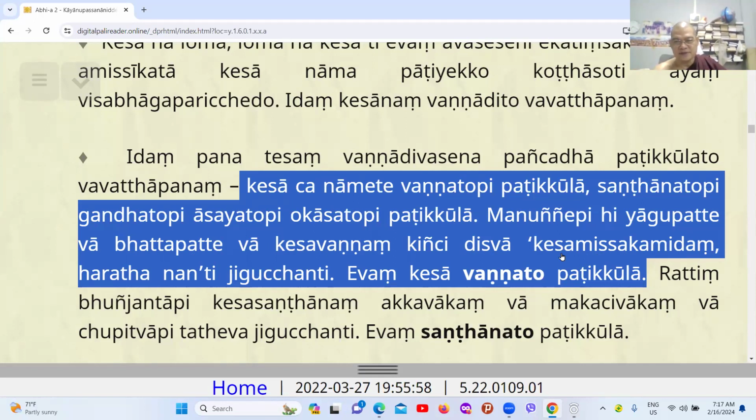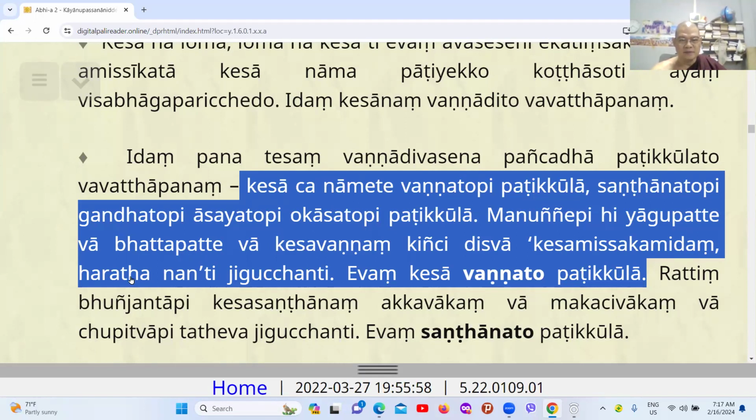So sometimes you can see the head hair in the food you are eating, mixed with the food there. Please remove it.